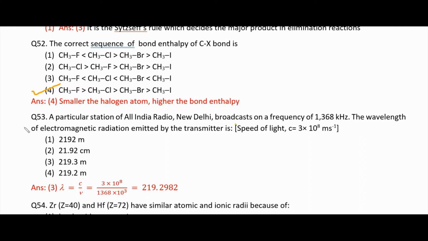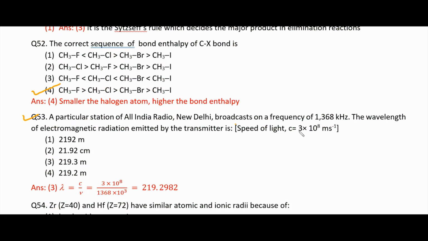Next question, question number 53. A particular station of All India Radio, New Delhi, broadcasts on a frequency of 1368 kHz. The wavelength of electromagnetic radiation emitted by the transmitter is?